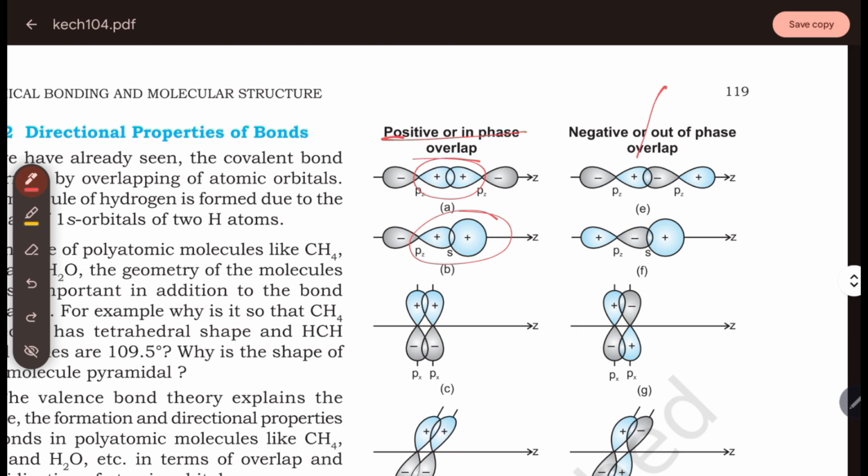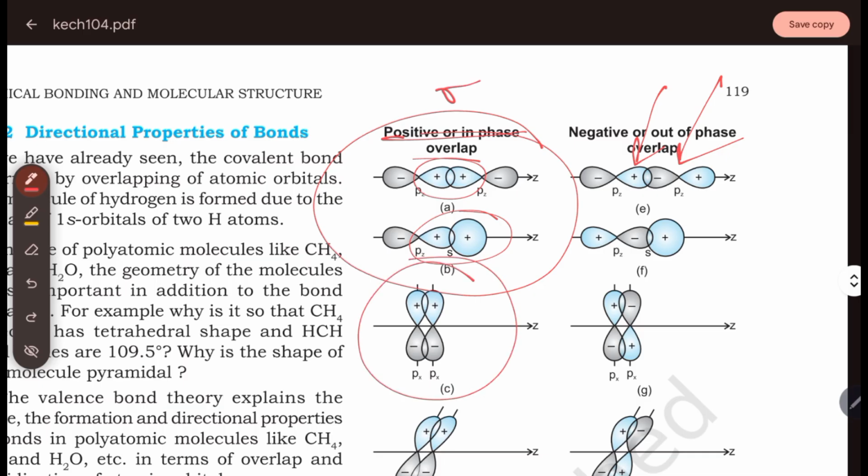If the symmetry of one overlapping orbital and the symmetry of the other overlapping orbital are different, the sign is different, then they are actually overlapping out of phase. This type of overlap, which is a head-on overlap, is known as a sigma overlap. And this type of overlap, which is a sideways or lateral overlap, is known as a pi overlap.